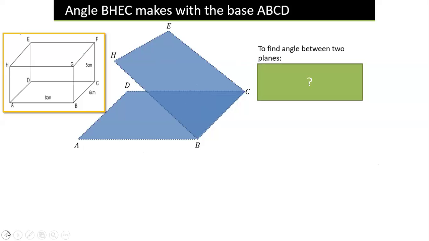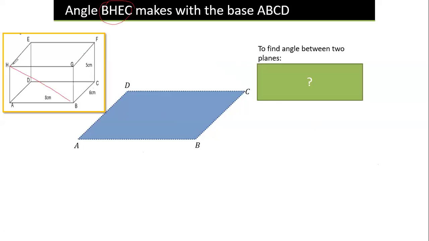I go back. Now, what is important? We first draw our plane surfaces. Here we want to find the angle between this plane surface, which is B, H is here, E is here, C is here. That is our plane. And we want to find out which angle it forms when it meets ABCD.